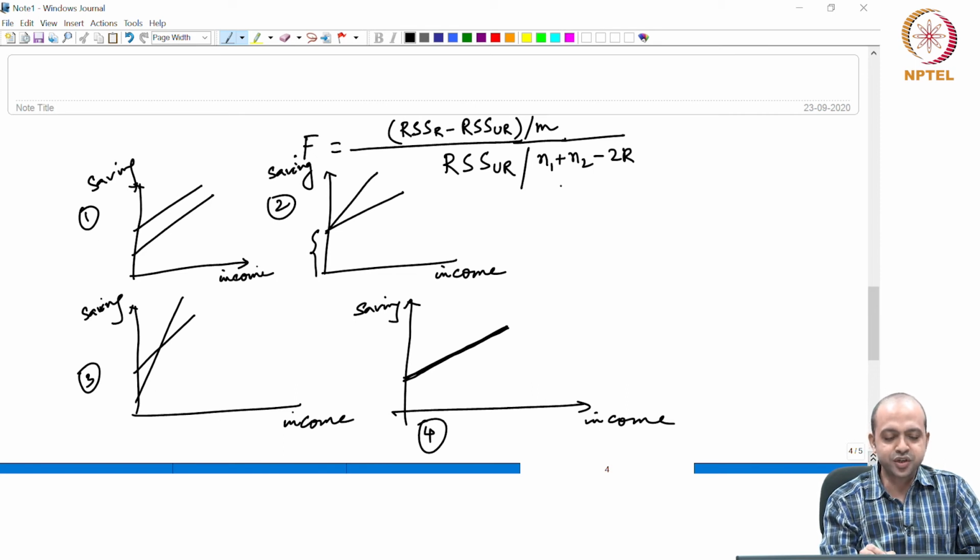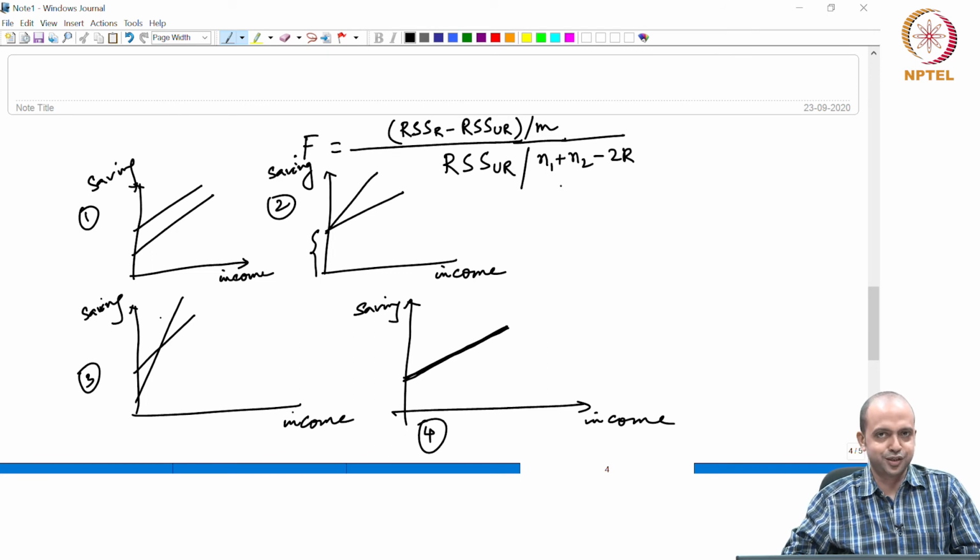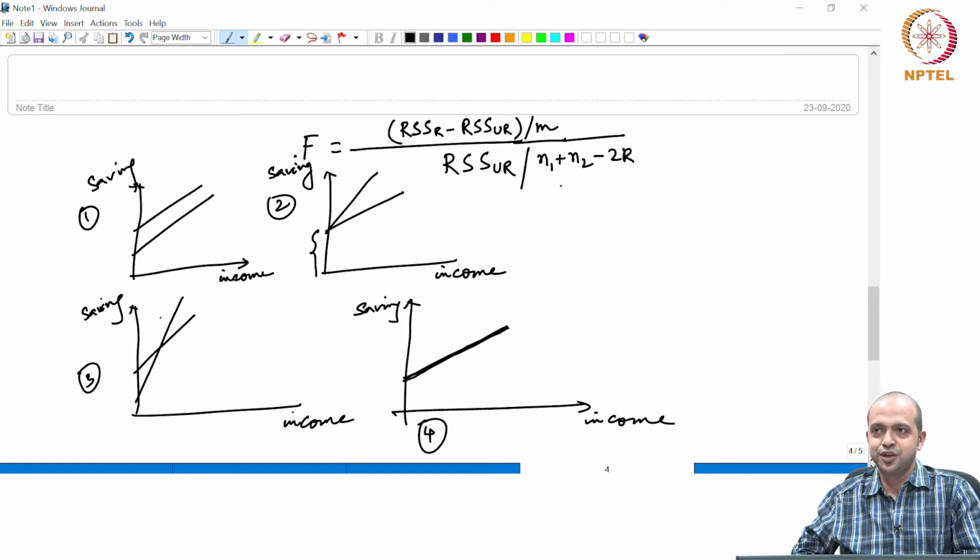So, out of these 3 cases, what is actually happening? That means, what is the source of this structural change in the saving income relationship? The Chow test cannot tell that.